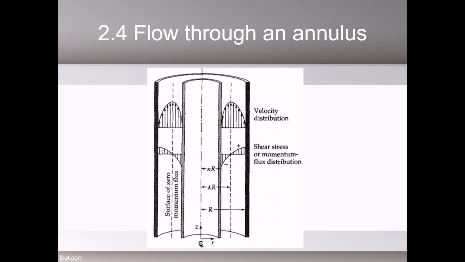So we cannot divide by r. And once delta r approaches 0, this thing will become the partial derivative of r phi rz. And for the right hand side, we have these two terms.